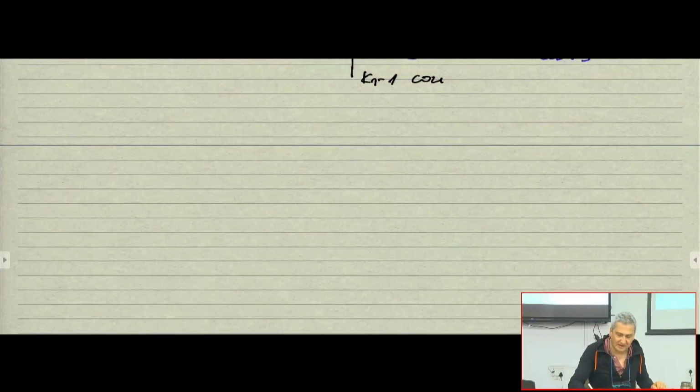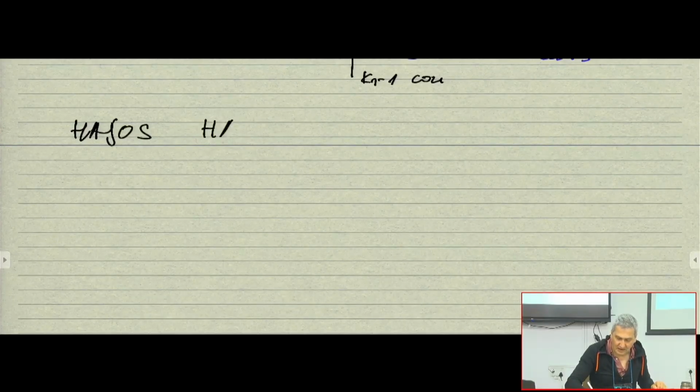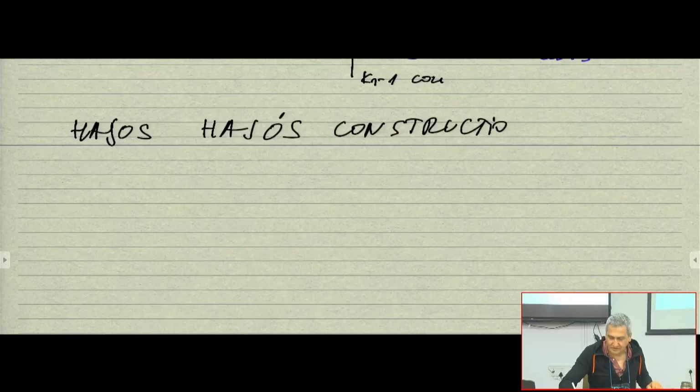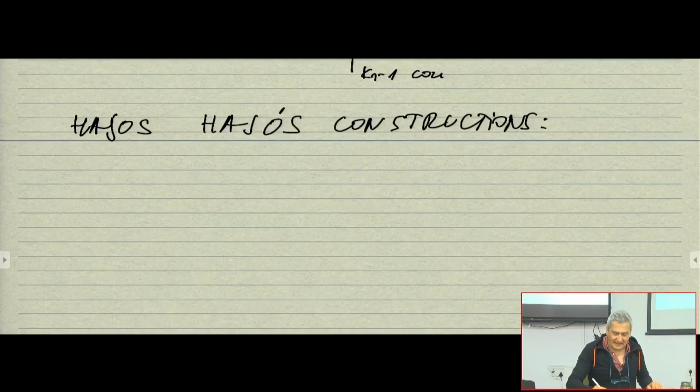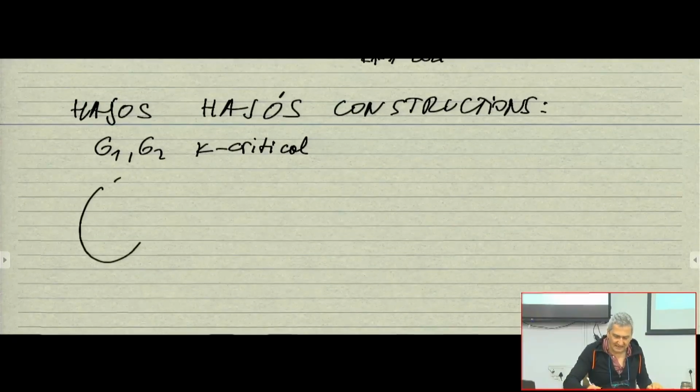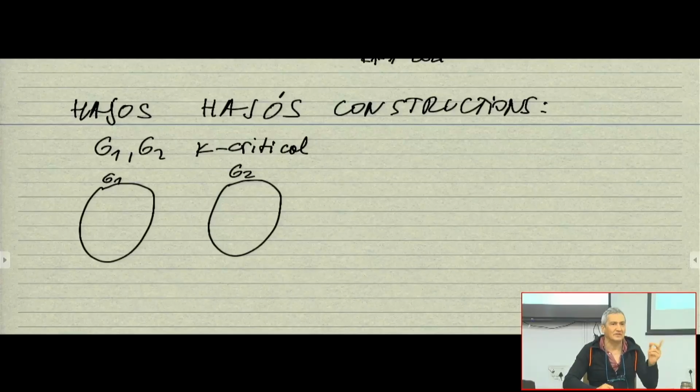Here is the Hajós construction. It says take G1 and G2 to be K-critical, the same K. Before we had K1 and K2, now we have the same K. They are vertex disjoint.